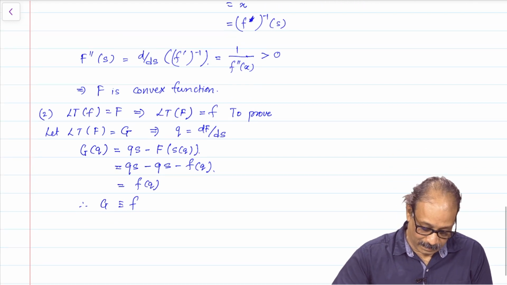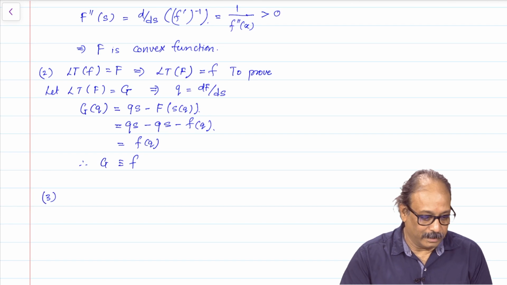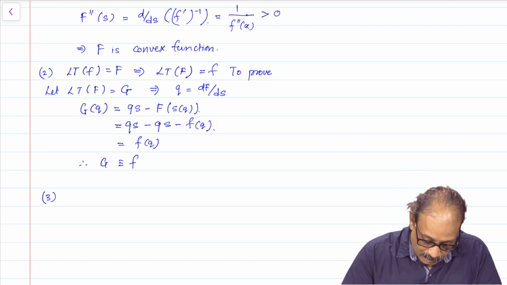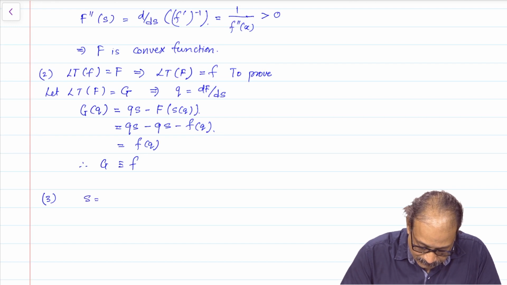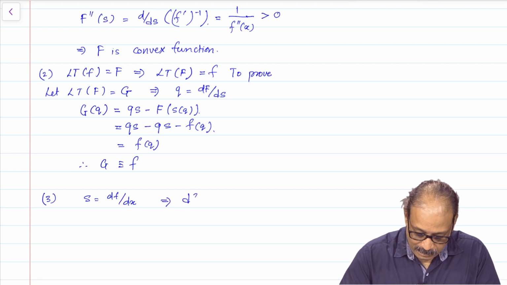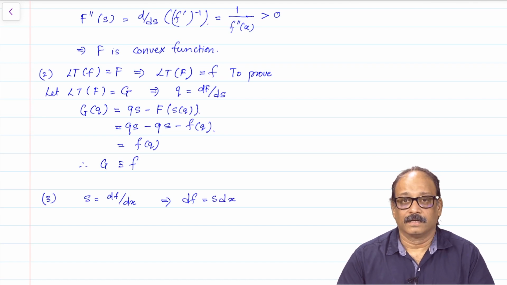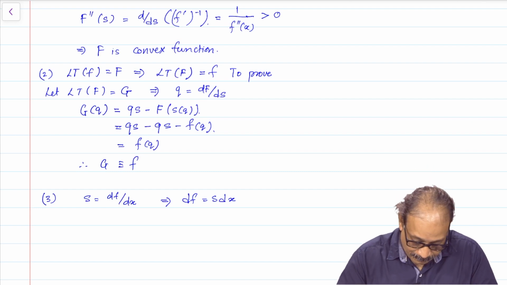Fine. Now, here is property number 3, that is, if s is defined as df by dx, which I will write as df is equal to s dx. Now, capital F is the Legendre transform of small f.